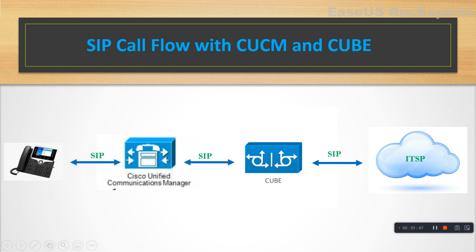So we have SIP protocol running between each of the products. Let's see what happens when this IP phone initiates a call to an endpoint, an IP phone or a cell phone, which is at the provider end.